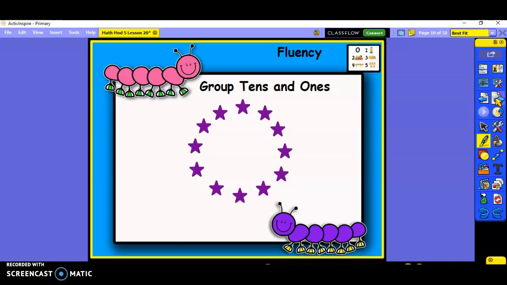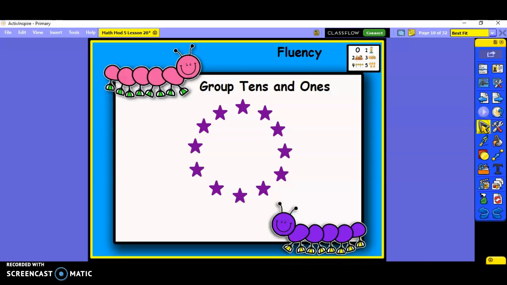This time, Miss Nakian wants you to look at our picture. I'm going to give you some think time. I want you to say the number of objects that you see. Okay, whisper the number into your hand. Did you say 12?